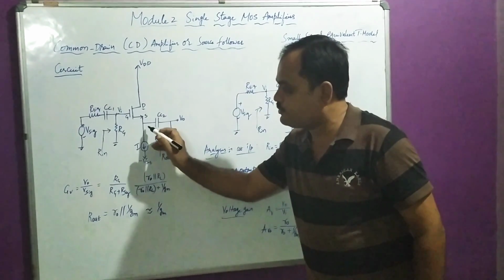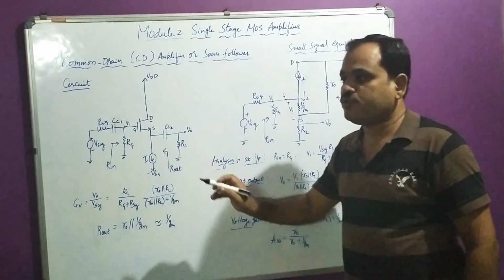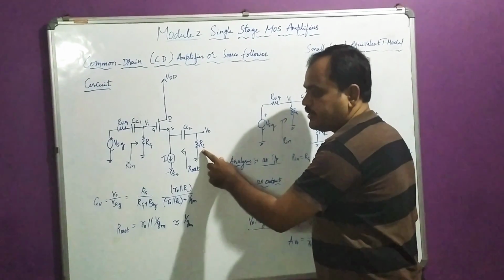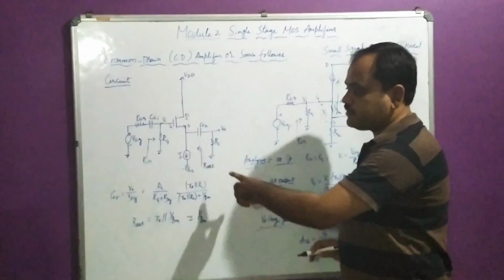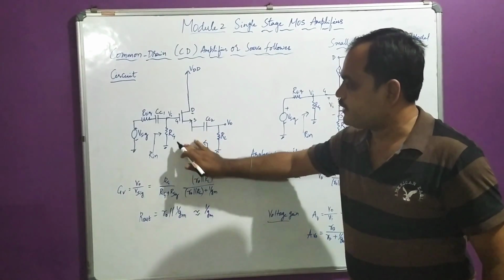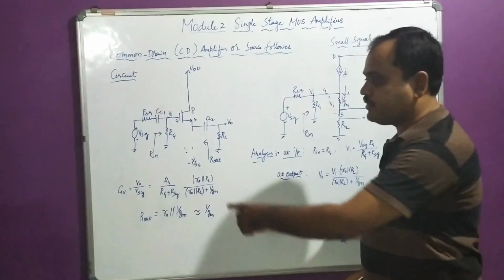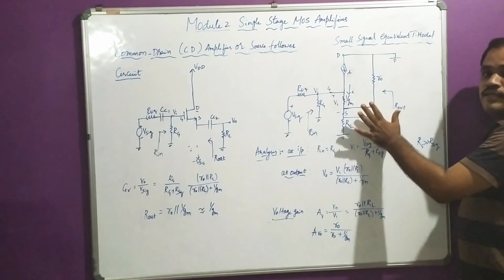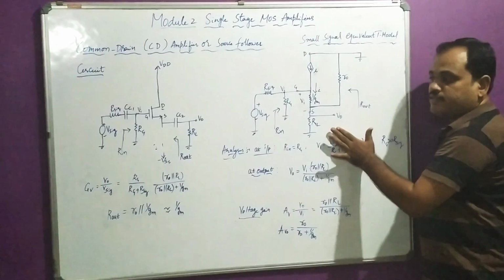Look at this constant current source. Because of the presence of the load resistor, it creates a low resistance path, due to which this appears as an open circuit in the small signal equivalent model.